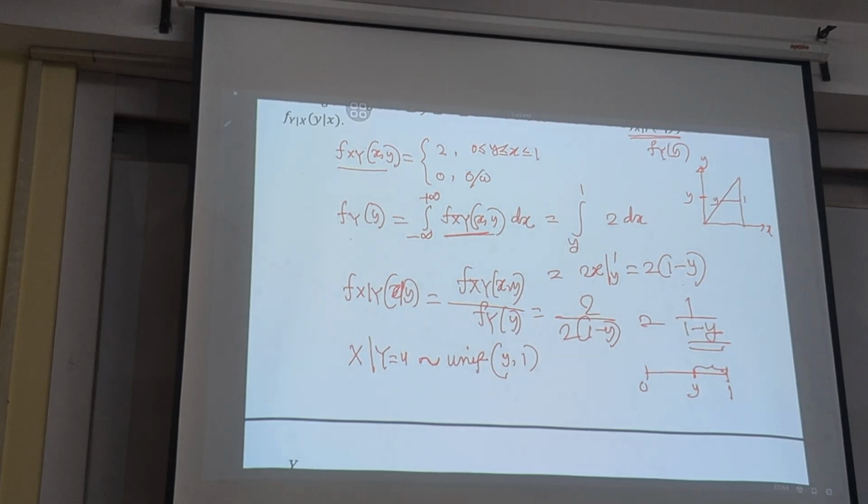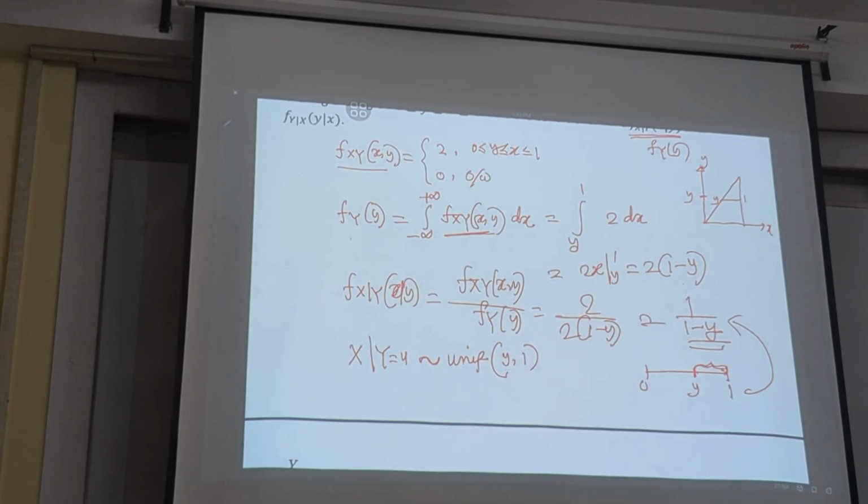And the length is what? 1 minus y. So the conditional x is distributed in between y and 1. Since it is uniform, its density is 1 over the interval. That's what we have been saying since the beginning.